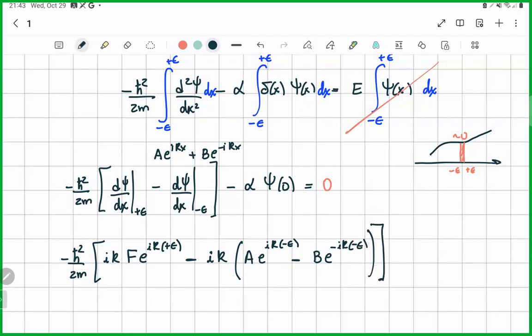Okay, and this whole part here, I'm now going to pass to the right. So it becomes equal to alpha, plus alpha because I moved to the right. And the function right at zero, I'm going to pick this function here and write it right at zero. So it's just a plus b. Very good.